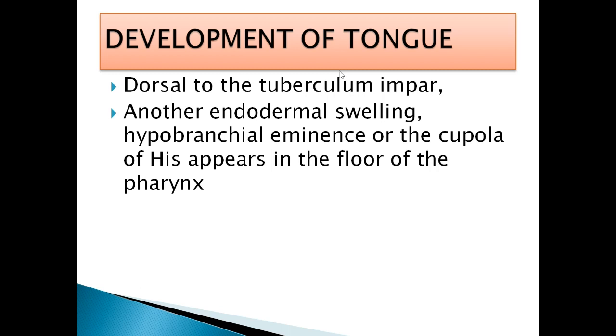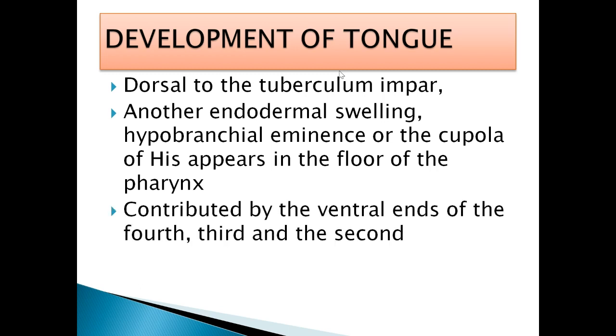In relation to which arches does it develop? It develops at the ventral ends of the second, third, and fourth arches. So this is also an unpaired swelling, like the tuberculum impar.